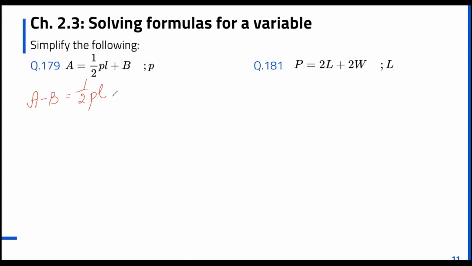Then 2a minus 2b equal to PL. Equals what? PL. Okay. Yes. P equal to (2a minus 2b) over L. Great.